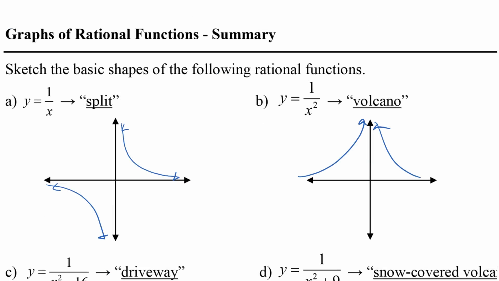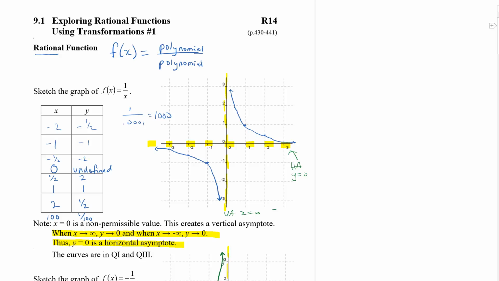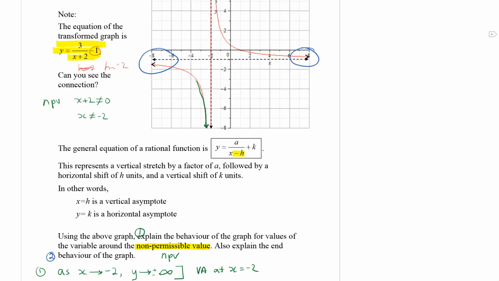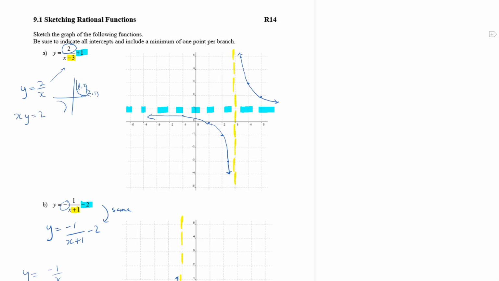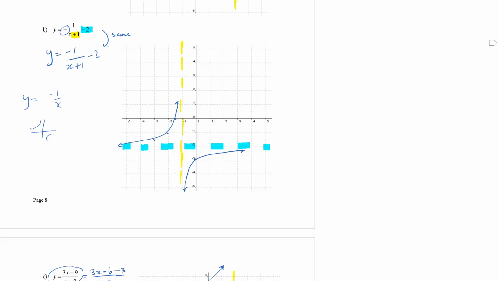Okay, here's a little bit of a summary of the names that we've been giving things. This one was called the split. That was our first one. Now this is the one that you should really know. All that stuff that we did in the beginning, if I just pop way back over here, this kind of stuff, you know that really well, and being able to do those practice ones that we did, these sketching ones, please know how to do that really well.